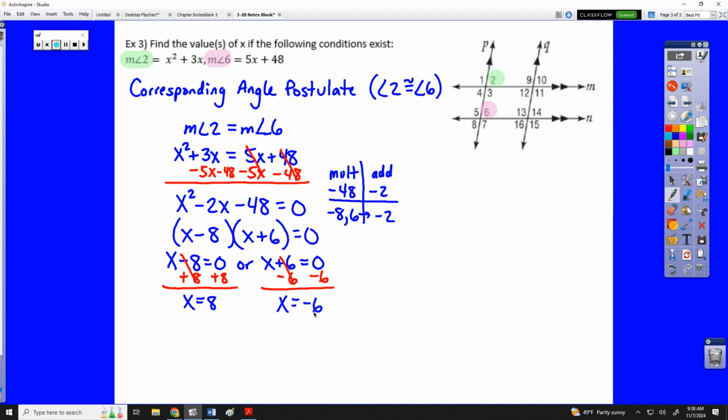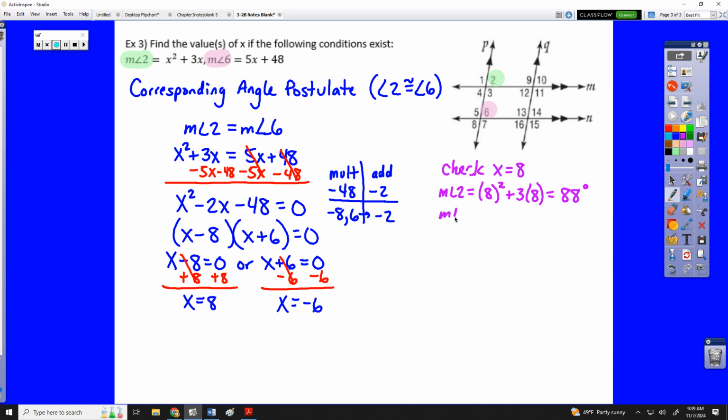All right, so now we just need to check our answers. So we start with 8, and we plug it in. The measure of angle 2 would be 8 squared plus 3 times 8, which would be 64 plus 24, or 88 degrees.